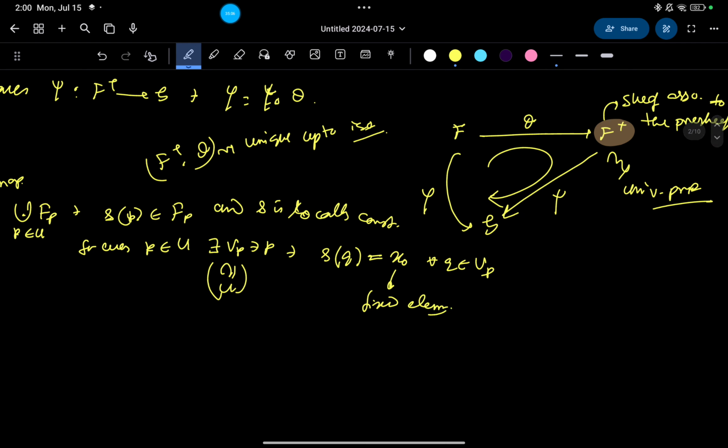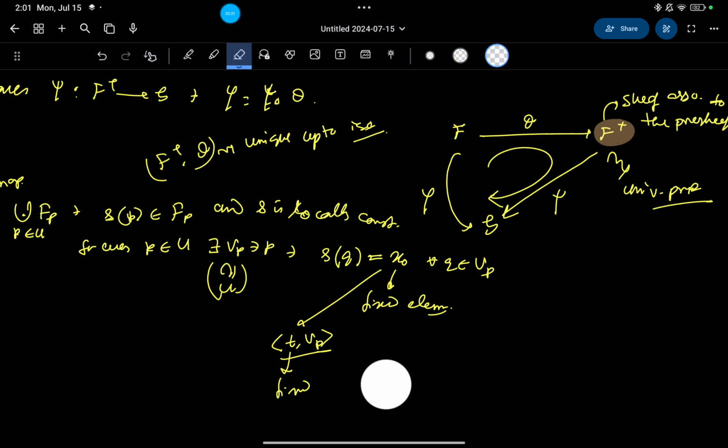Fixed element. Means I can also write it as t comma V_p, and t is a fixed element or fixed section.